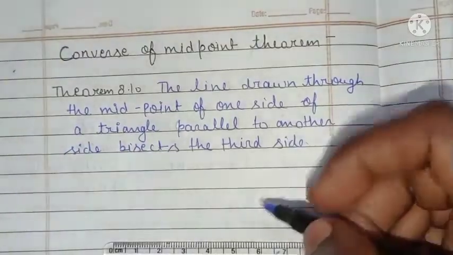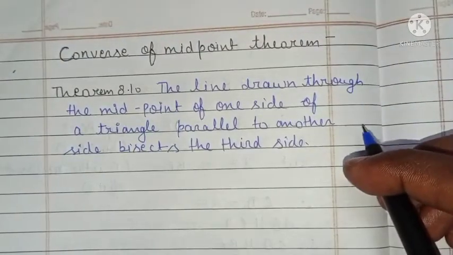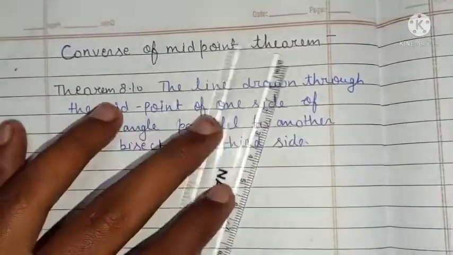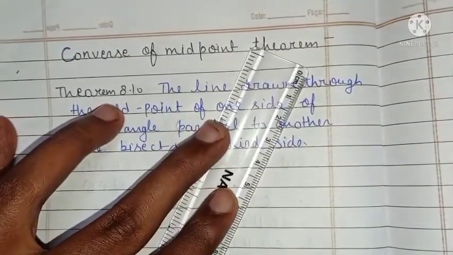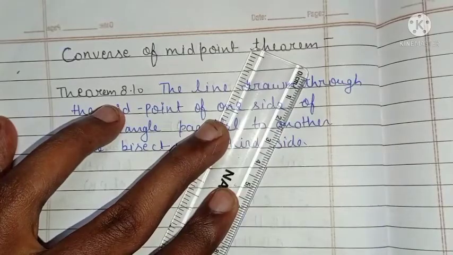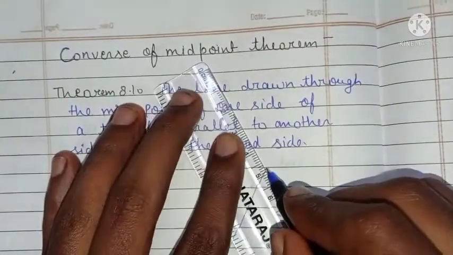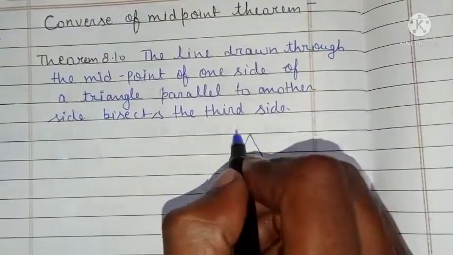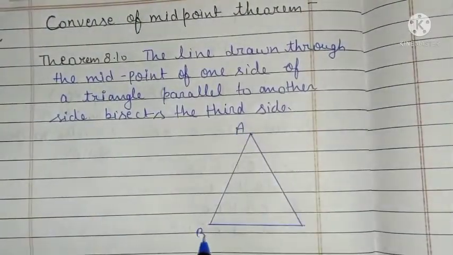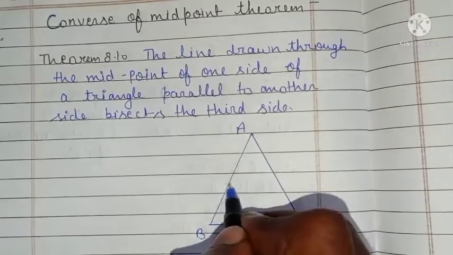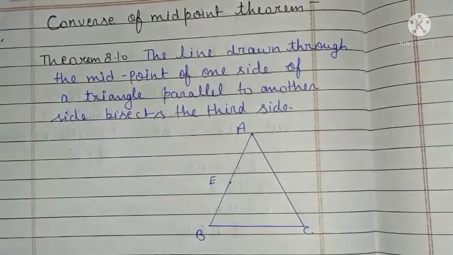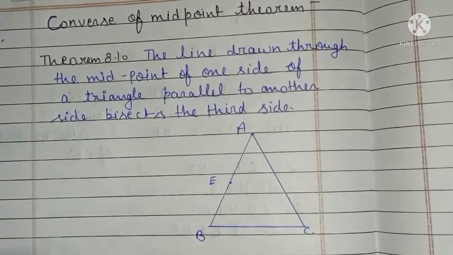Let's draw a triangle ABC. E is the midpoint of AB.